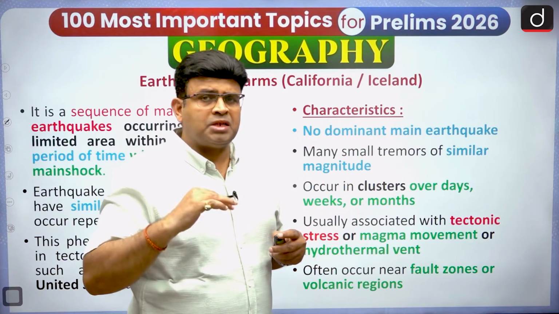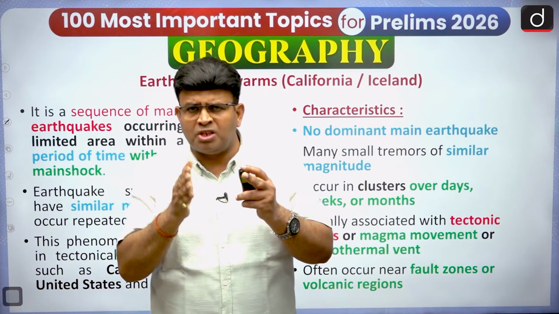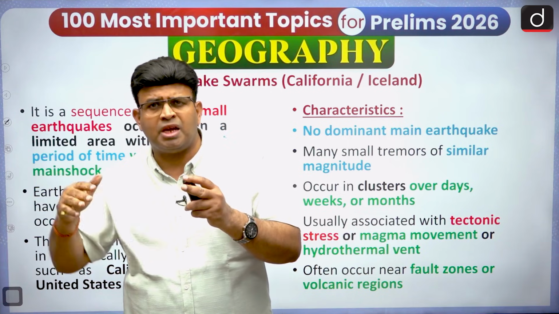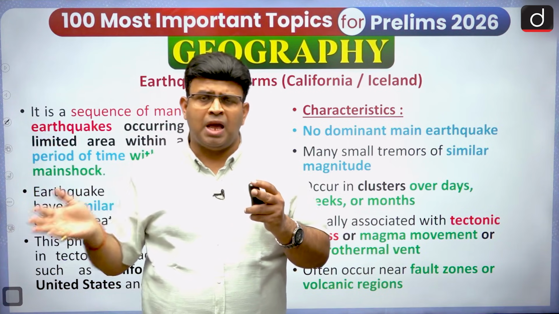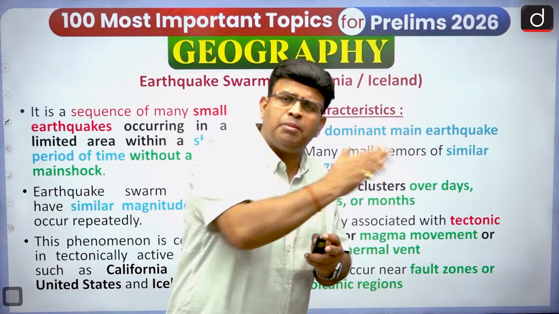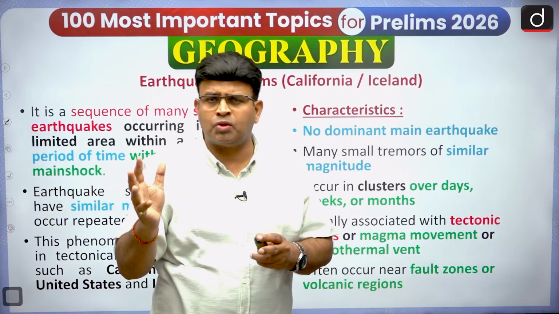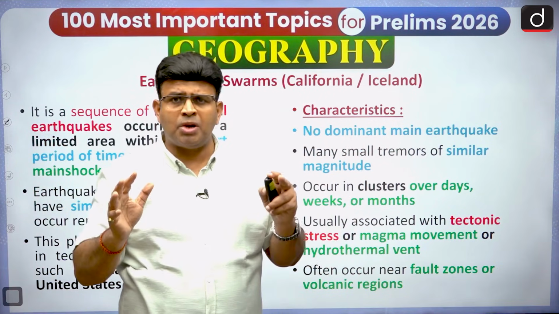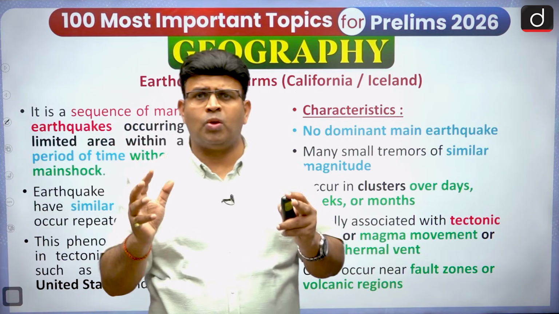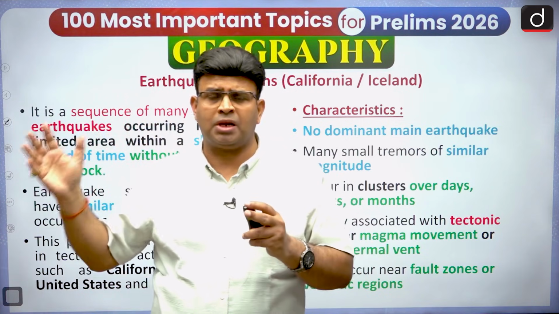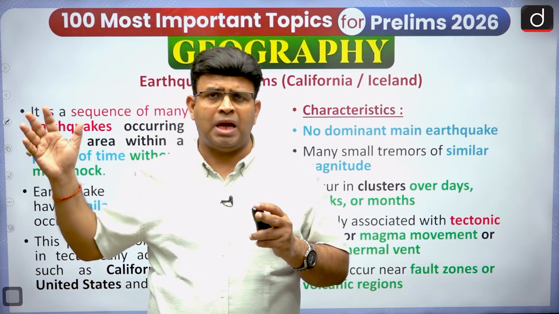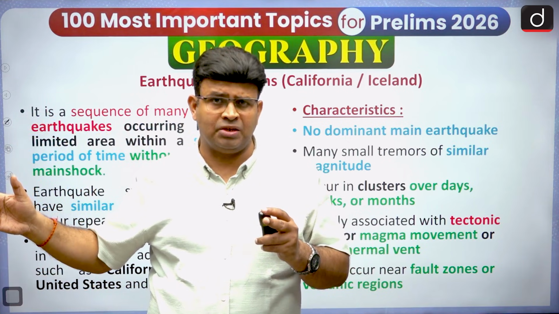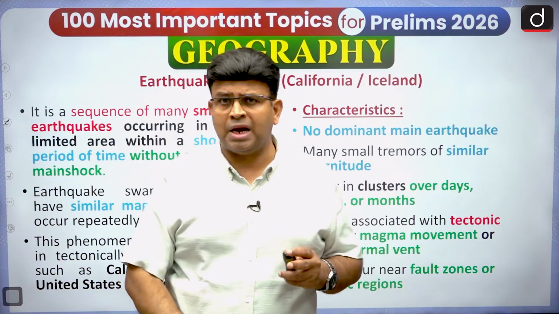But it does not mean that after several small earthquakes a major earthquake will not come, and before the small earthquakes there can also be major earthquakes. So we will see why swarm earthquakes occur in the state of California in the USA and in Iceland.